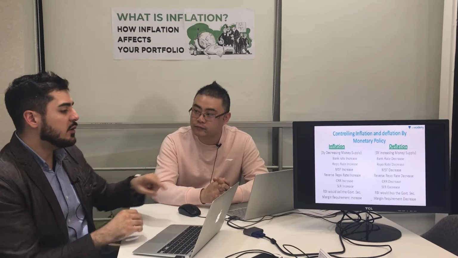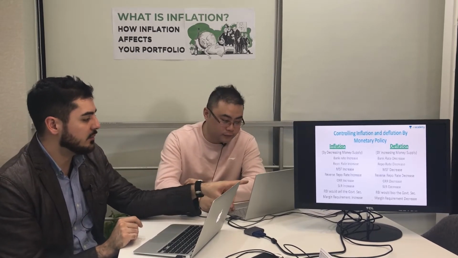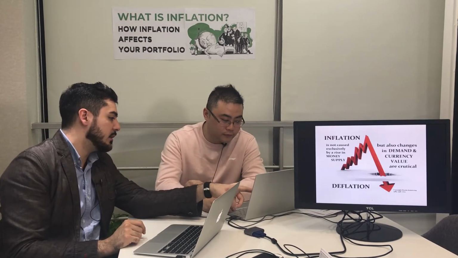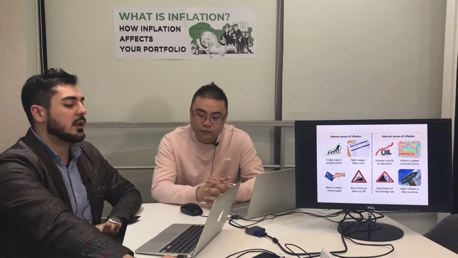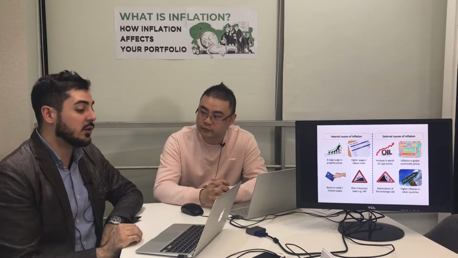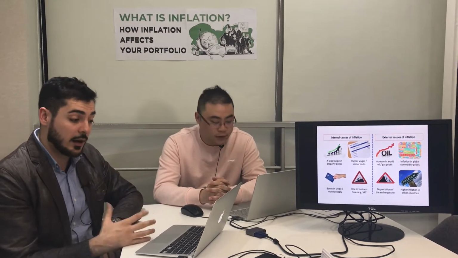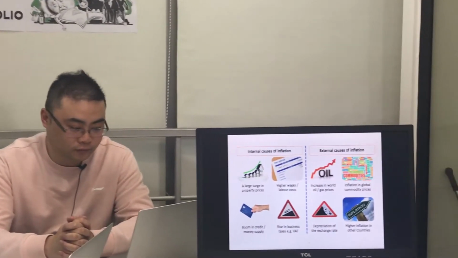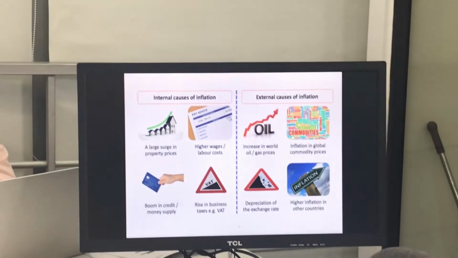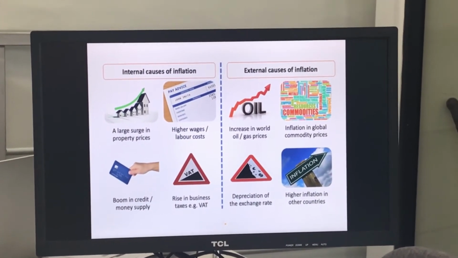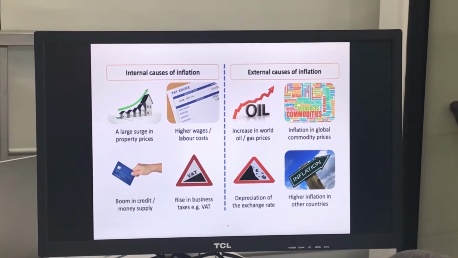Before, I think you had a chart with the factors that cause inflation. In general, we can say that an excess of money supply in the economy will cause inflation. And second, an excess of purchasing power of people will also cause inflation.